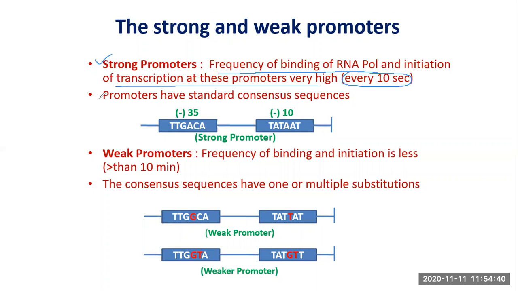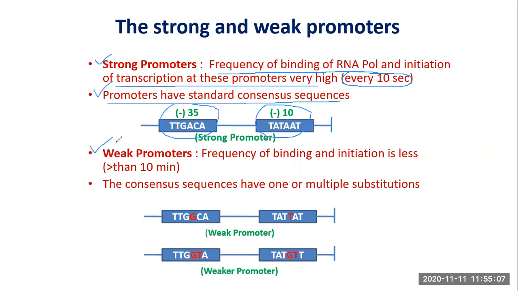And what are their characteristics? They are characterized by the presence of standard consensus sequences without any deviation, without any substitution. The sequences at -10 and -35 remain the same as the standard promoter, with no substitution even of a single base. Such promoters are called strong promoters.